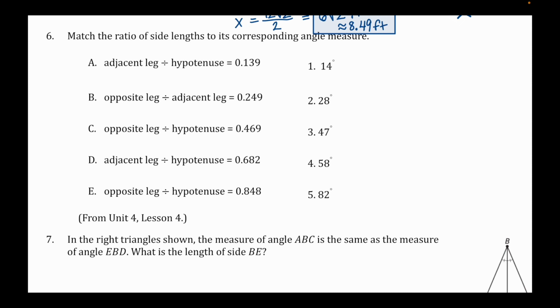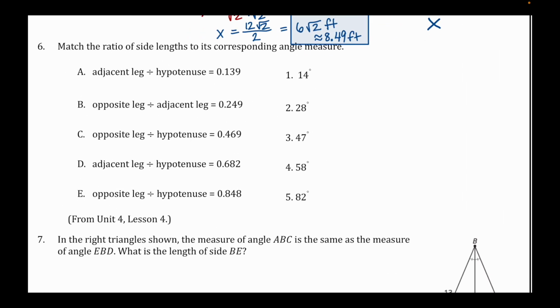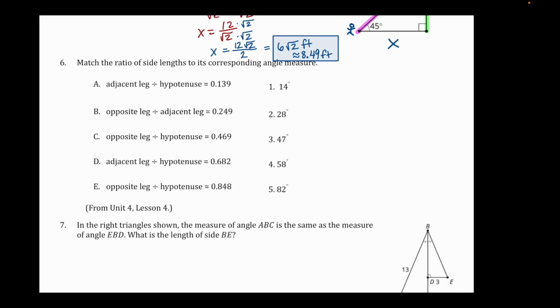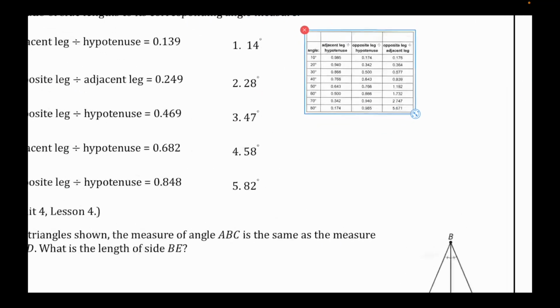You could just realize, oh, adjacent over hypotenuse, that is cosine, and I will type all of these numbers in until I find the cosine of one of them is 0.139. But there are going to be sections on your test where you're not allowed to use a calculator and you do just need to use that table. So I'm going to insert my table over here.